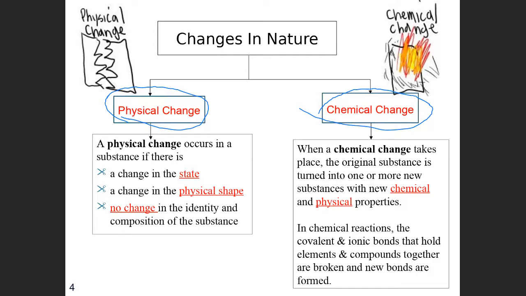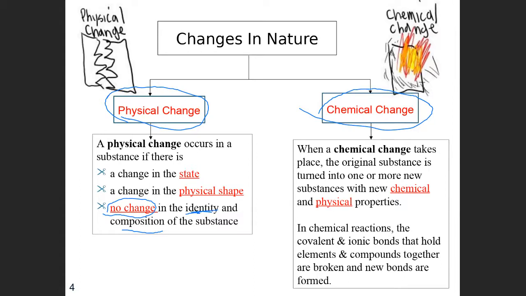Okay, so a physical change occurs in the substance if there is a change in the state or change in the physical shape of the matter, but there is no change in the identity and the composition of the substance. So that's the physical change.